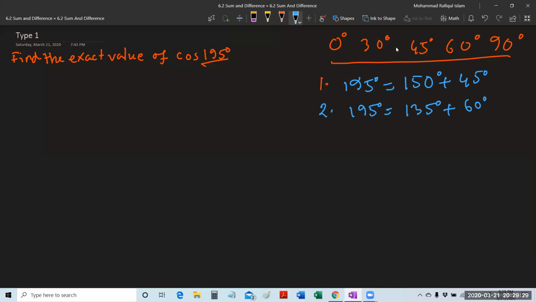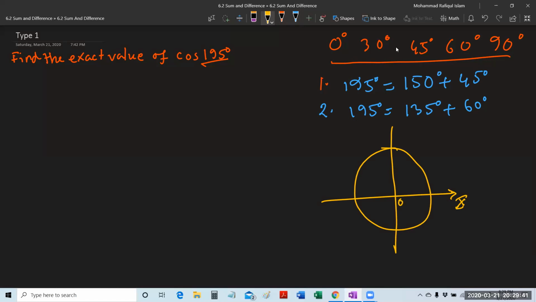First of all, we need to draw a unit circle. Let's say this is the unit circle, x-axis, 0, and the y-axis. So let's work with the first one first, 150 degrees and 45 degrees.